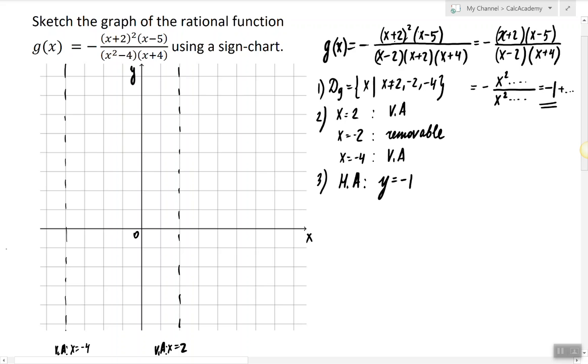So we can immediately graph this horizontal asymptote. Now remember that a horizontal asymptote only tells us how the graph behaves as x goes far to the right and far to the left. It does not mean anything in the middle.